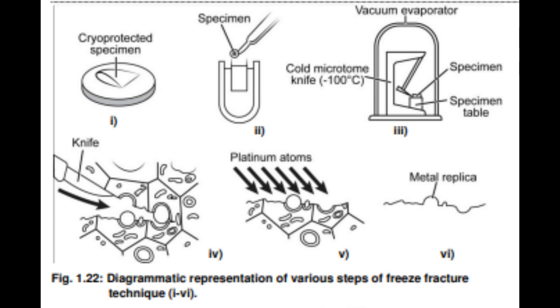A replica of the specimen is made by heavy metals such as platinum, followed by backing it with a carbon film. After dissolving the tissue in strong acid, the remaining metal replica can be viewed with the electron microscope. Such preparations provide a unique picture of cells.